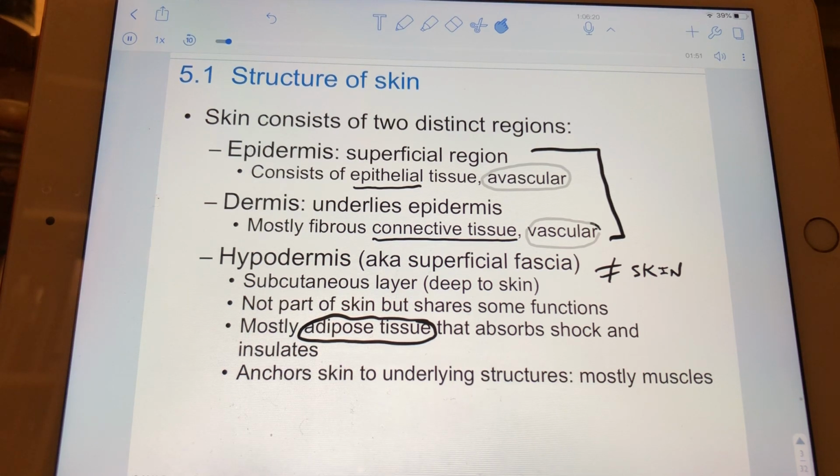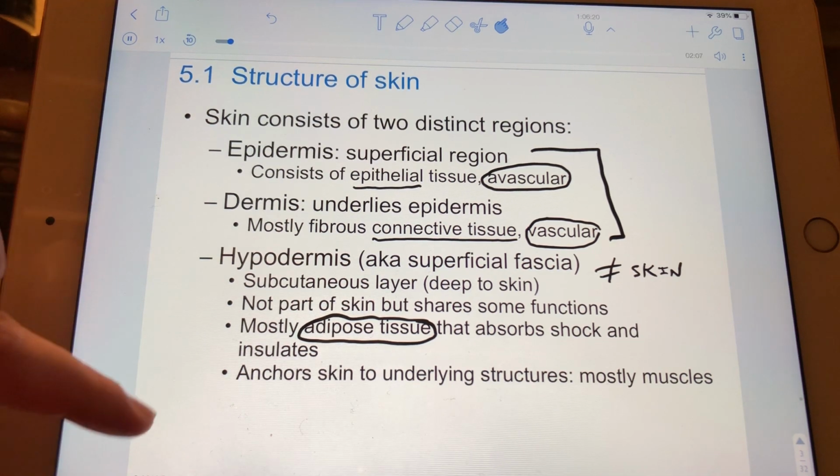The dermis is vascularized, whereas the epidermis is not, and therefore the dermis is acting to at least some degree as life support for the epidermal cells that are living.